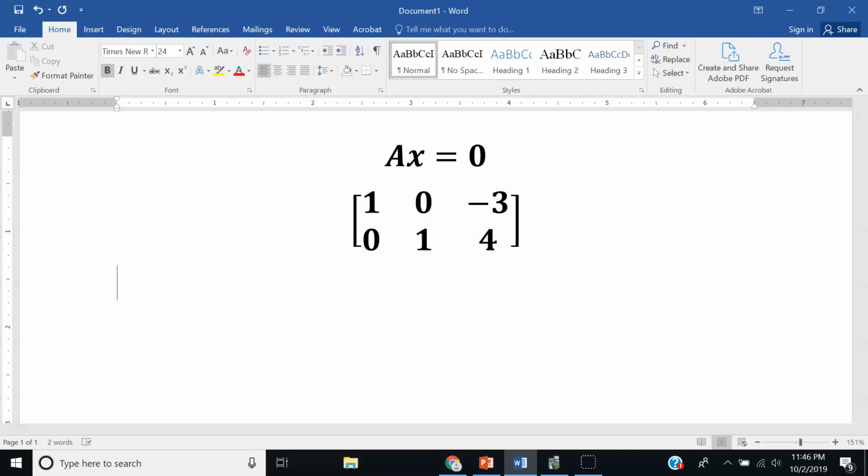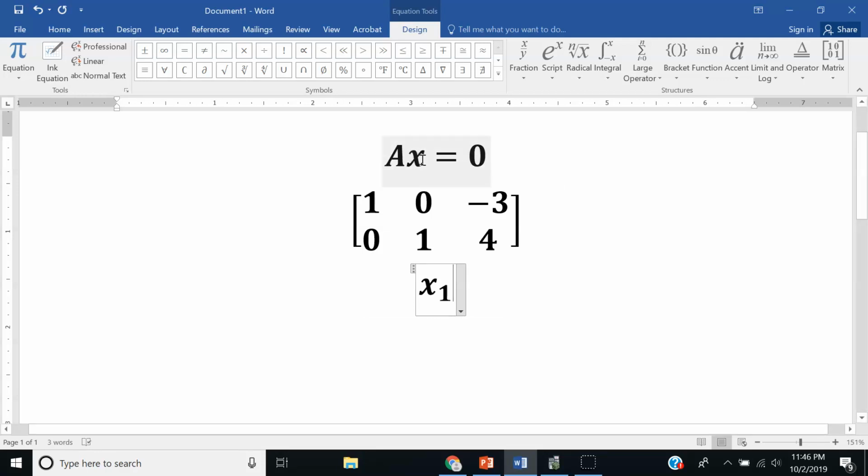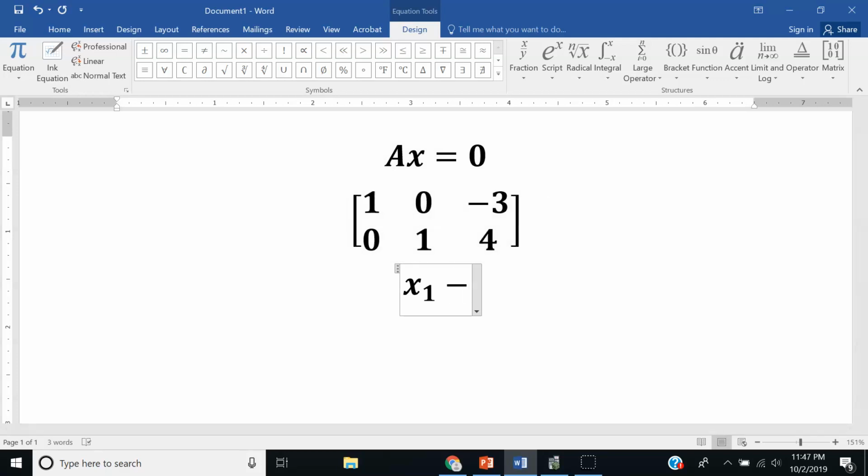So the general solution to that would be that x1, again, I'm thinking of my vector x as having 3 entries called x1, x2, x3. x1 minus 3x3 should be equal to 0.